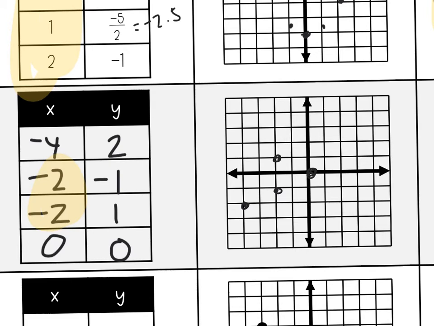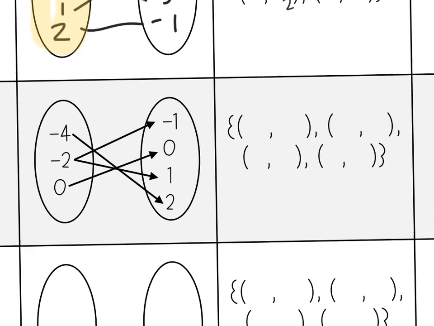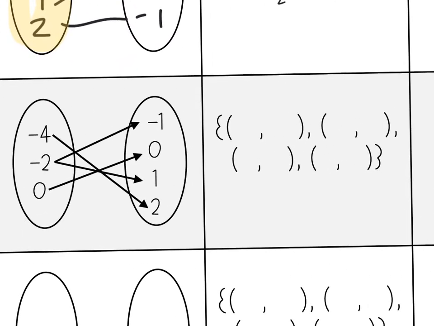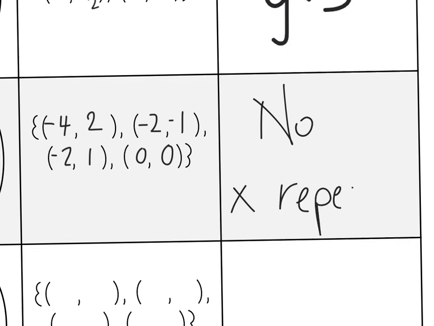Just like the graph, you can tell right here it wouldn't pass the vertical line test because it hits both of those points. The mapping is done for us, so we're just going to take those and turn them into points. -4 went to 2, -2 went to -1, -2 went to 1, and 0 went to 0. So we're going to say no because x repeats itself.